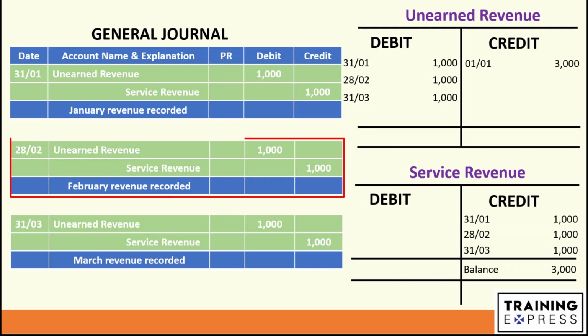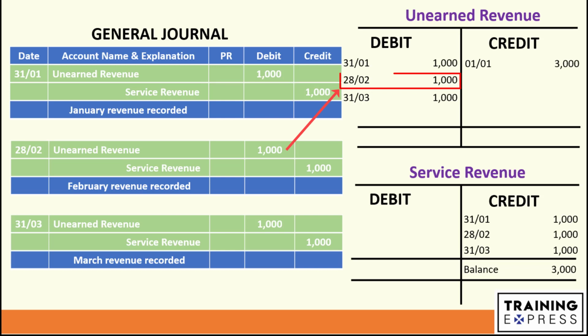Similarly, we will make the same journal entries on 28th of February. Unearned revenue debit by $1,000, service revenue credit by $1,000. It means we have earned another $1,000 of revenue during the month of February. So we will post this journal entry: we will debit unearned revenue by $1,000 and credit service revenue by $1,000.